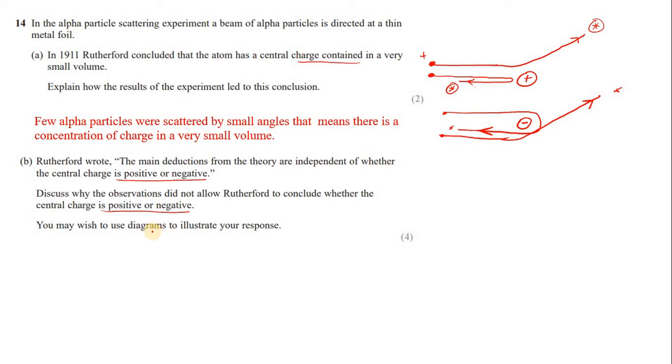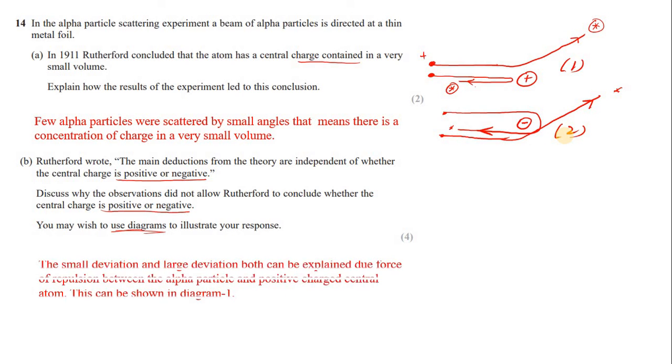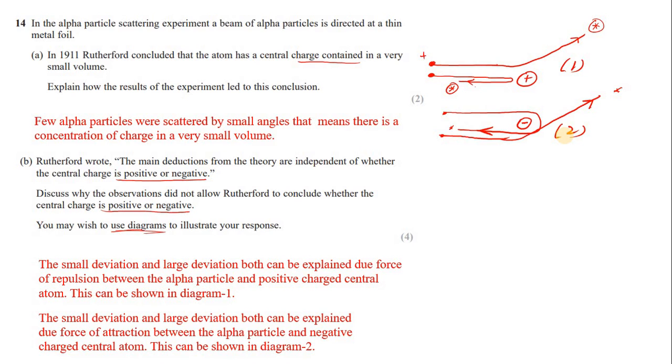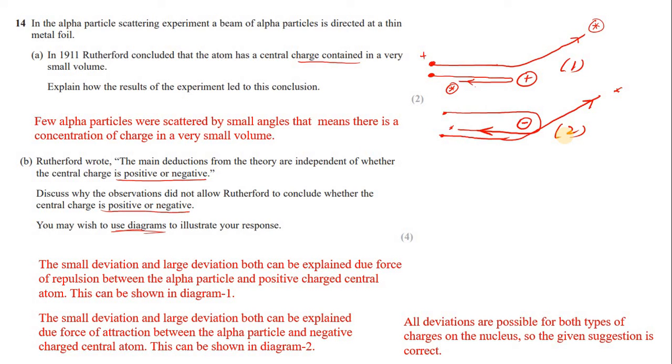They are saying that you can draw the diagram if you wish. So you can draw these two diagrams, call this diagram number 1 and then diagram number 2, and you can explain whatever I did in this way. Of course, there is room to rearrange or rephrase the statement. It's up to you.